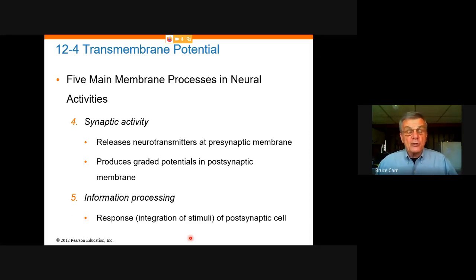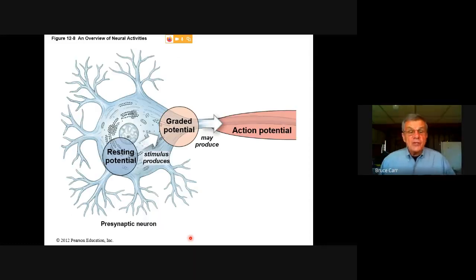On the autonomic side, we have higher order functions such as sleep and psychological disease that relate to information processing. So here's our start up at the cell body where resting potential is established, and the flexing, the body movement, the chemistry, the pH are all contributing to variations that we call graded potentials.